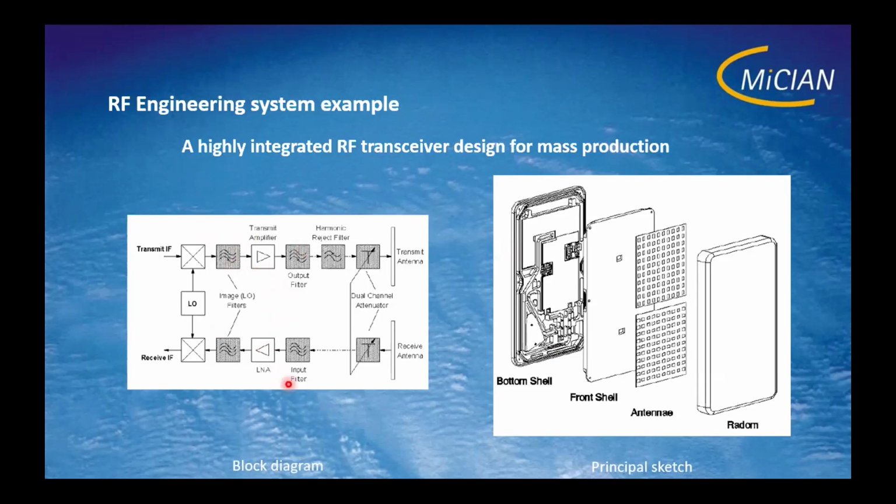I think they are somewhat familiar because we learn about amplifiers during our bachelor's. In addition, there are output filters and input filters. Filters play a major role in RF engineering. And then the antennas: the transmit antenna and receive antenna. Altogether this represents a major RF system, and it has been designed for mass production.